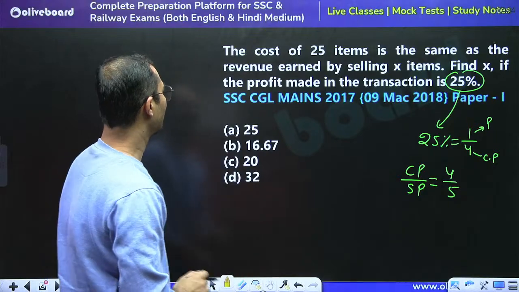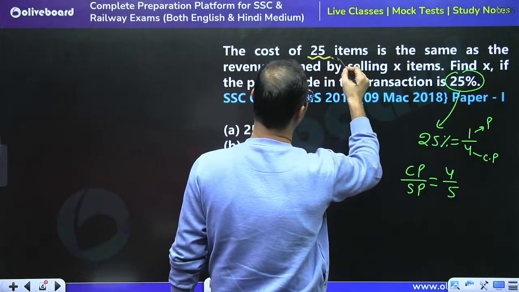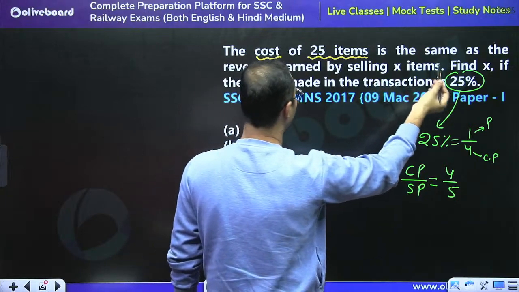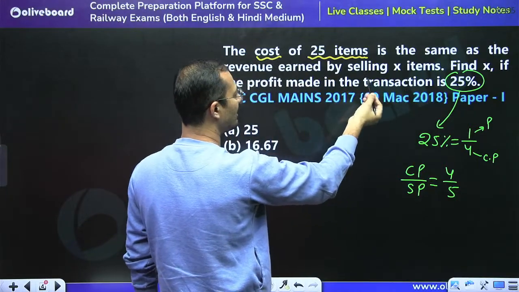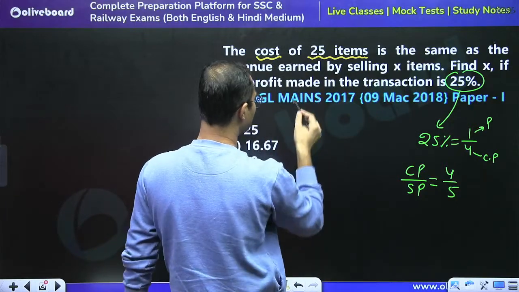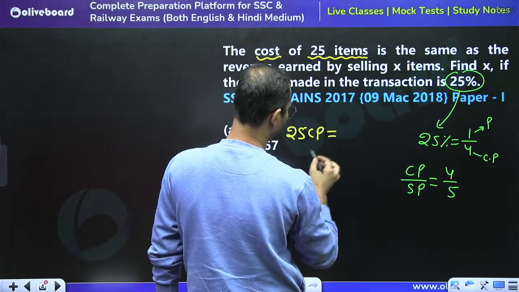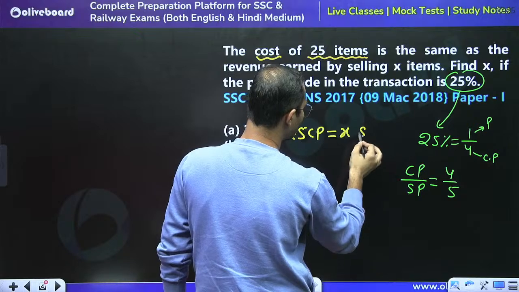The question says the cost price of 25 items is the same as the revenue earned by selling X items. So the cost price of 25 items is equal to the selling price of X items.